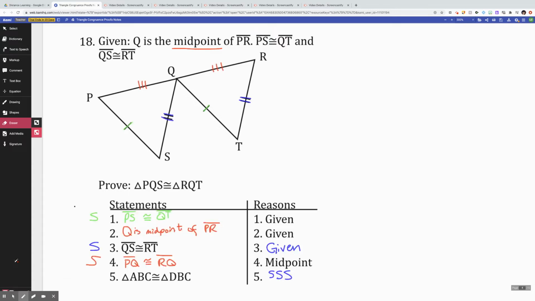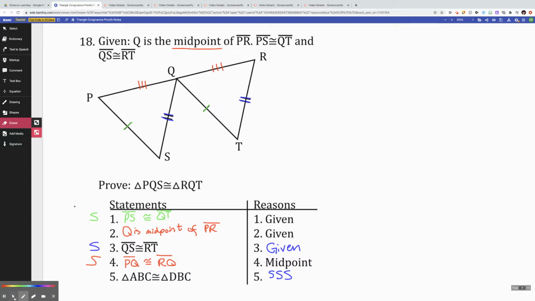All right, folks, so go ahead and check your answers against mine here. Very conveniently, in the given information, they already gave us two sides. They gave us PS is congruent to QT, and they gave us that QS is congruent to RT.